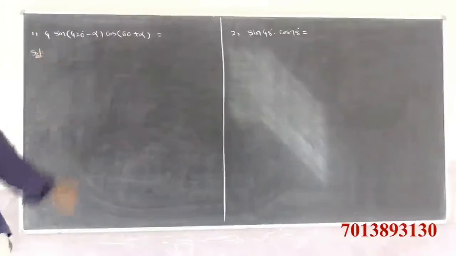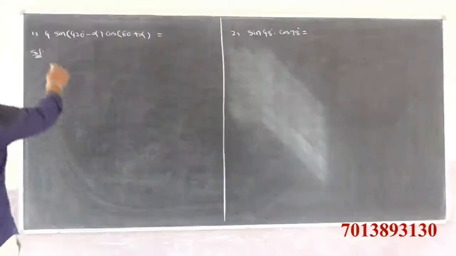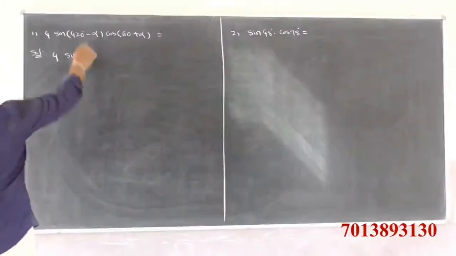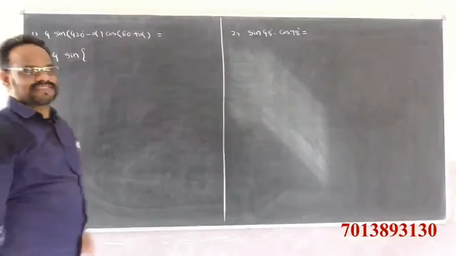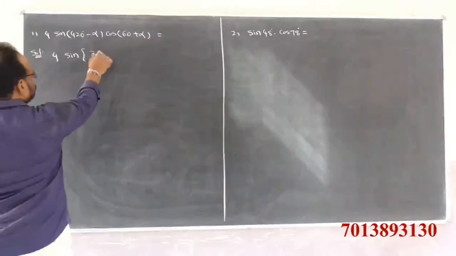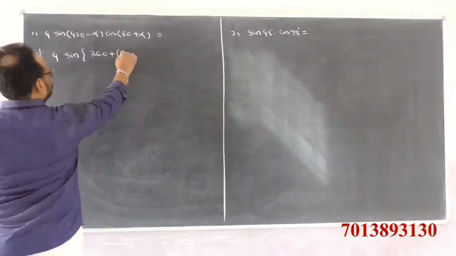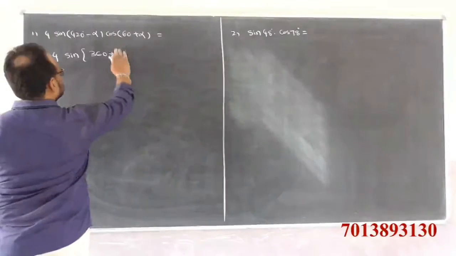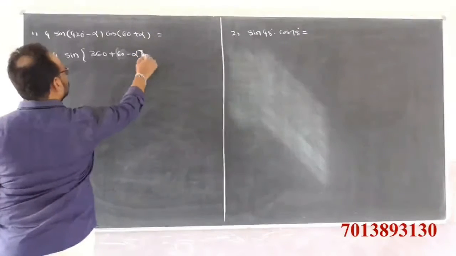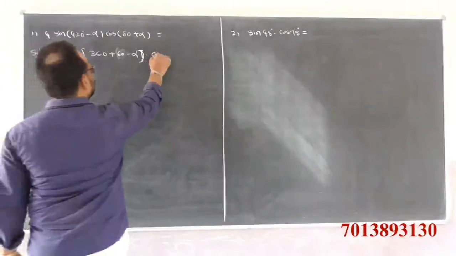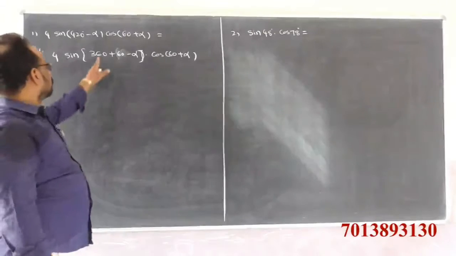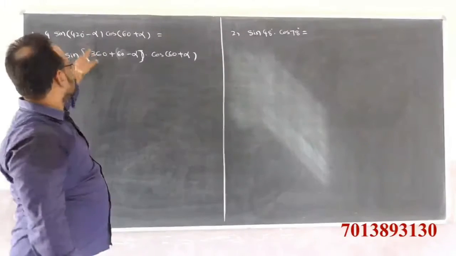Solution. 4 sin 420 can be expressed as 360 plus 60. 360 plus 60 is nothing but 420.